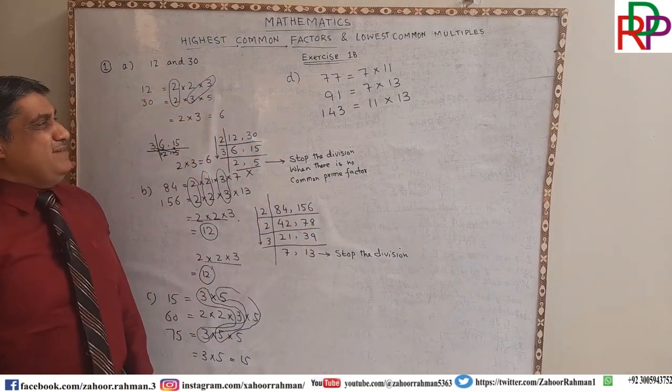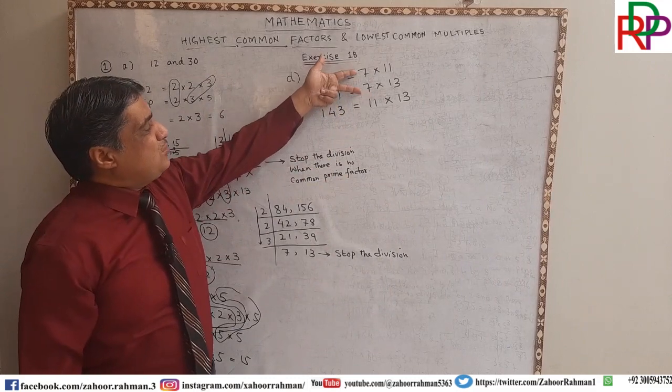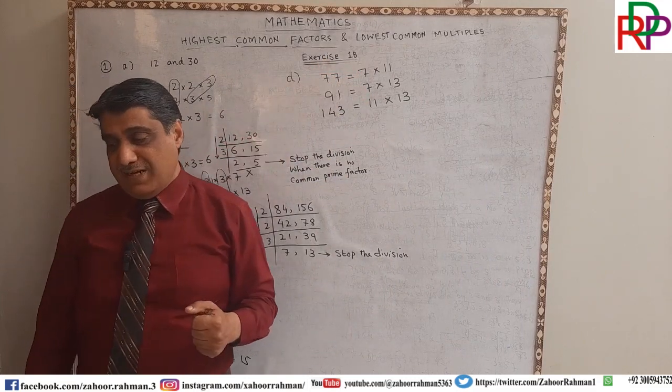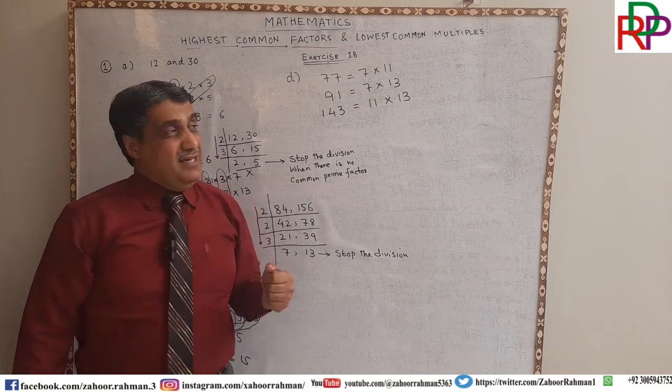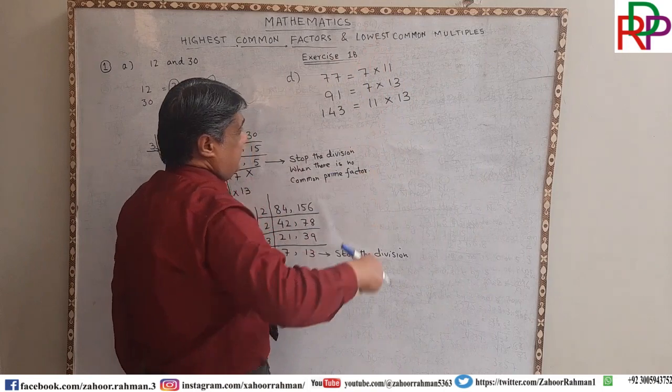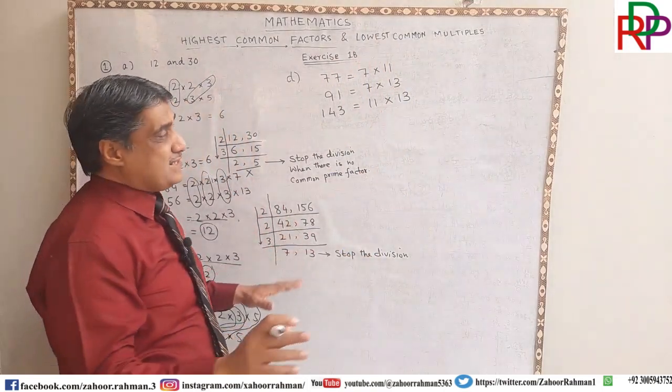Ladies and gentlemen, there are two commons inside it, but the third, 7, is not there. There are two 13s here, but 13 is not in the other, so nothing is common there.